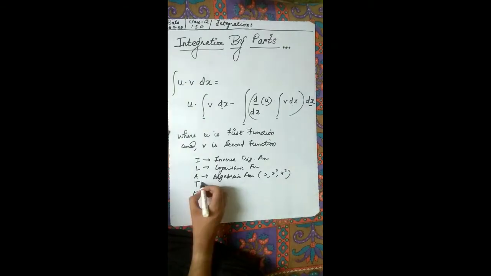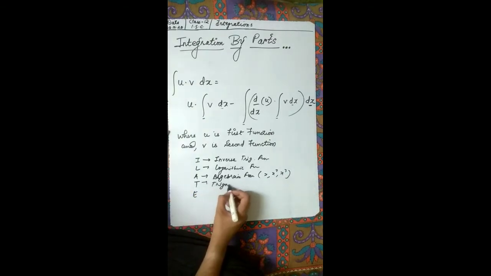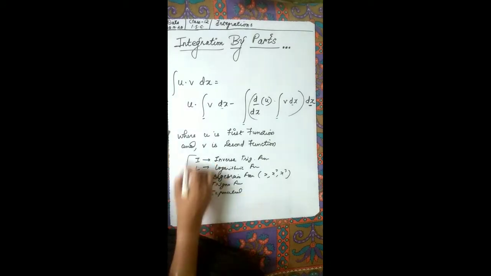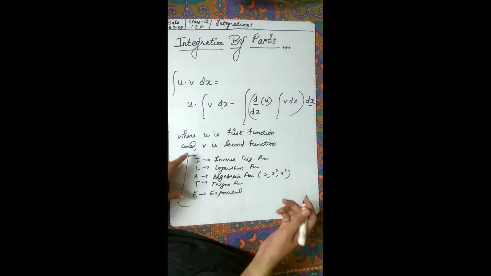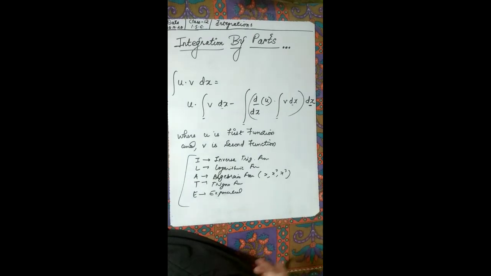T represents the trigonometric function and E represents the exponential function. So in the 12th class we will be dealing with these functions only and will be using the ILATE rule. And I have written the full forms of it.